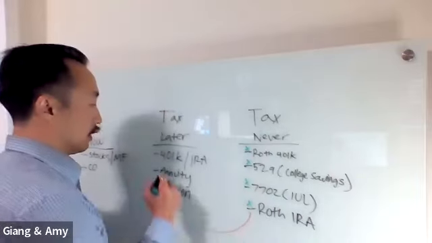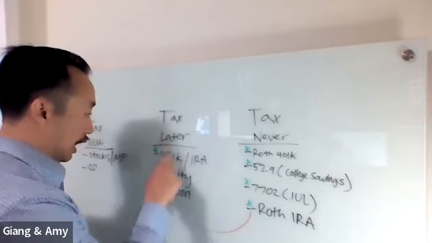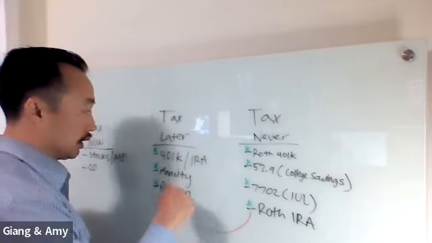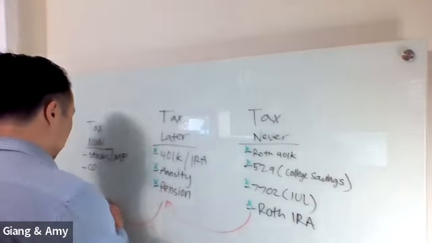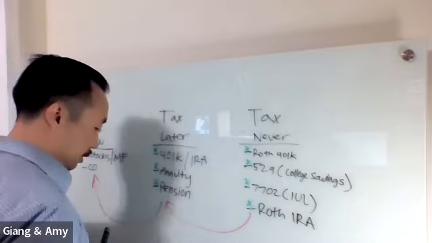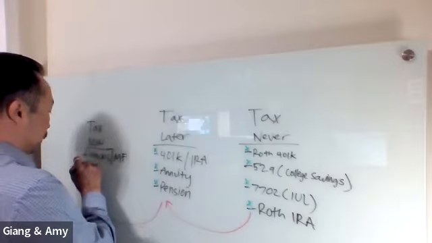And then whatever's left over, you want to funnel it into these accounts. And then after you funnel it into these tax later buckets, you want to funnel the rest into the tax now bucket. And then you fill this all up.